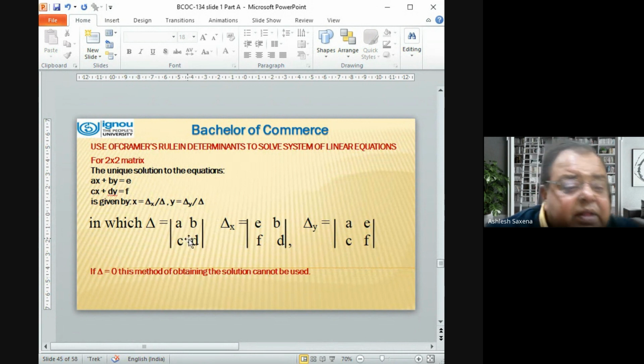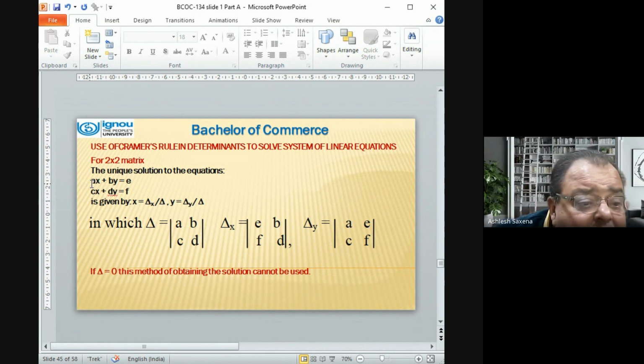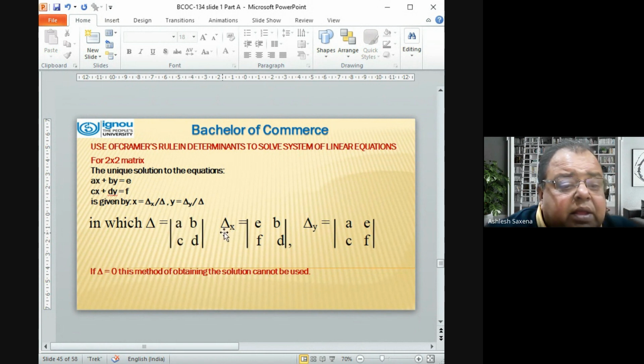You can see that your original matrix, take the matrix in the same way, the same order in which the original equations are taken. Now I will pick up the coefficients A, B, C, and D. Here it is: A, B, C, D. For delta x, replace this column, A and C, by E and F. The rest, this column, will remain as it is.